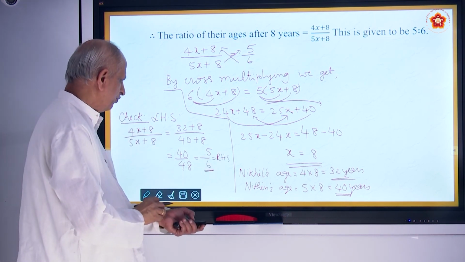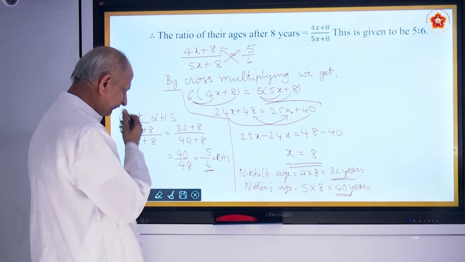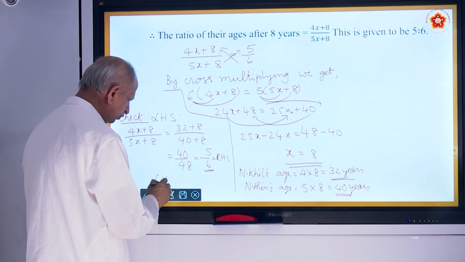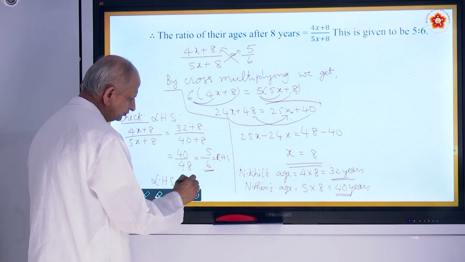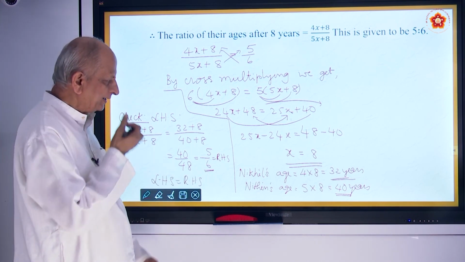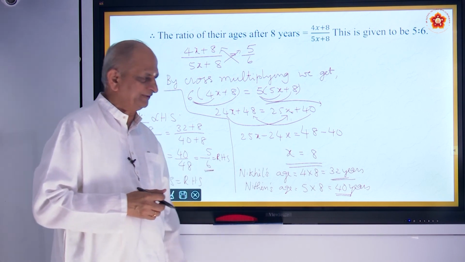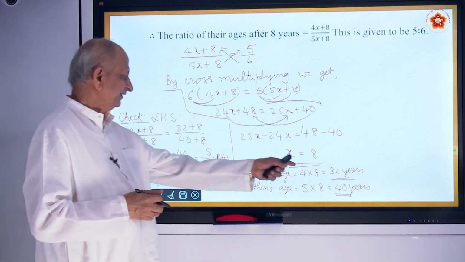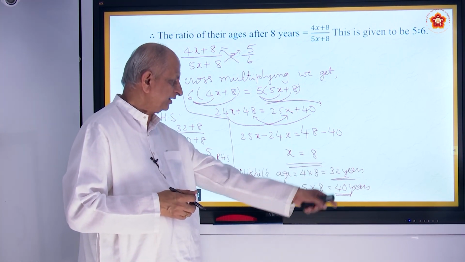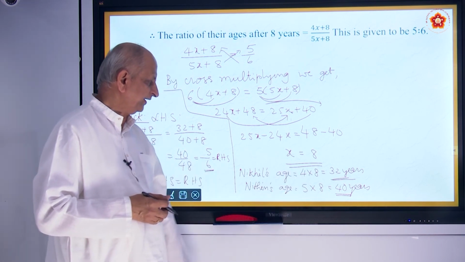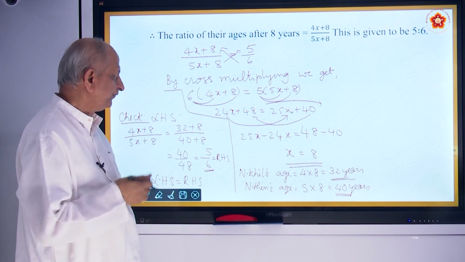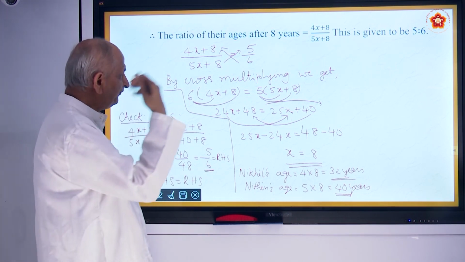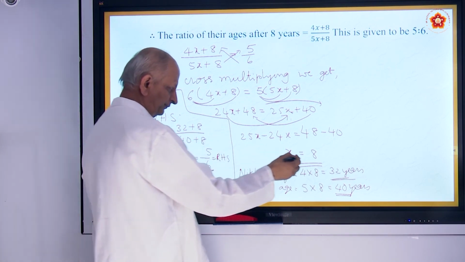So what do you find now? As the left hand side is equal to the right hand side, x is equal to 8 is the correct answer, and this is the ratio of their ages, 4:5. Now after 8 years we will see what happens.